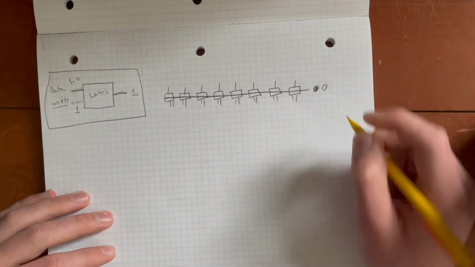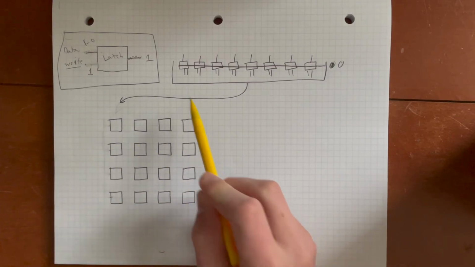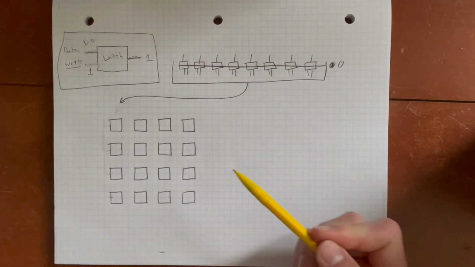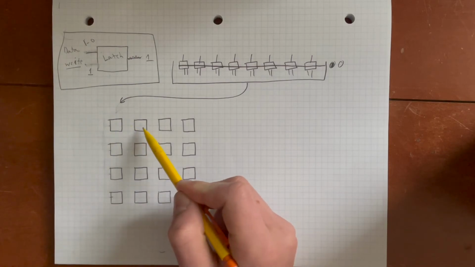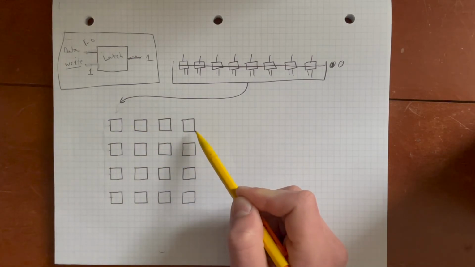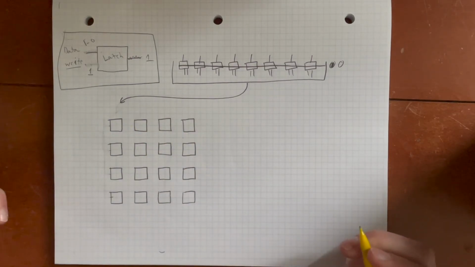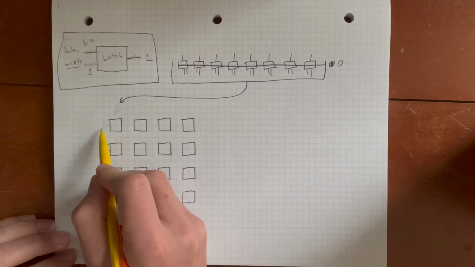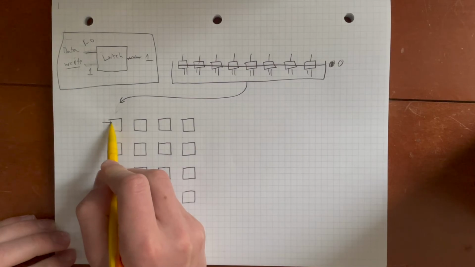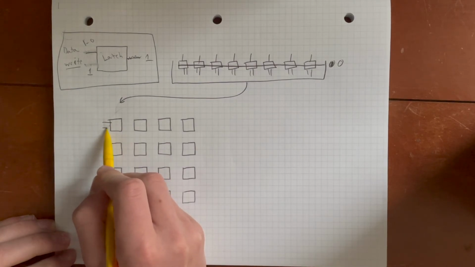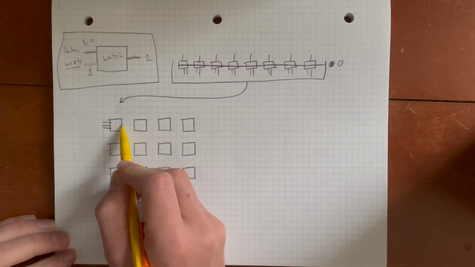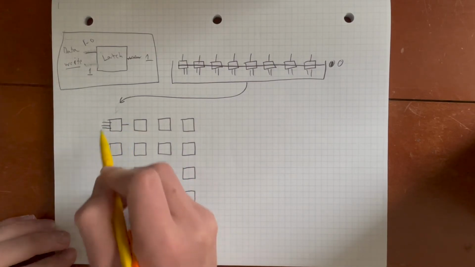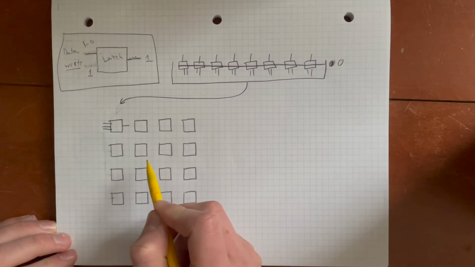Here we have a 4x4 array of these 8-bit registers. Or we could also say that each of these boxes can store 1 byte of information. Now, we could have a data input, and then a read enable, and then a write enable wire, as well as a data output wire for each of these separate boxes.